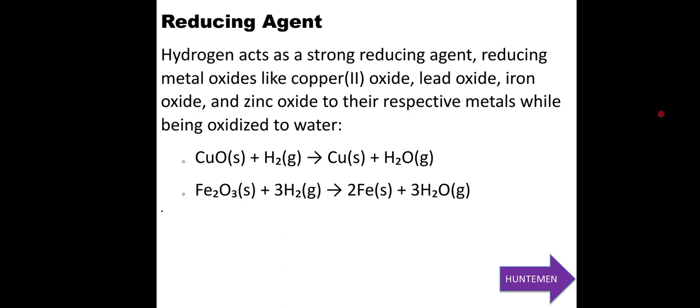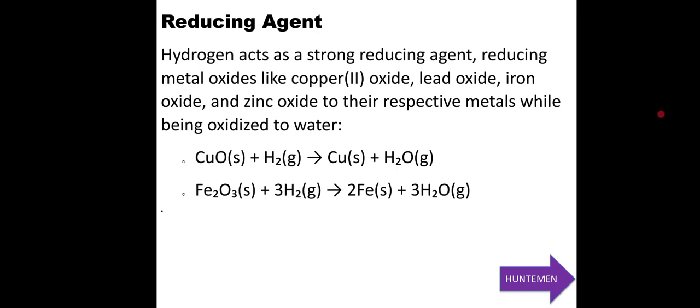All right. Reducing action of hydrogen. Hydrogen is a strong reducing agent. It reduces metal oxides like copper(II) oxide, lead oxide, iron oxide, and zinc oxide to their respective metals, while being oxidized to water.